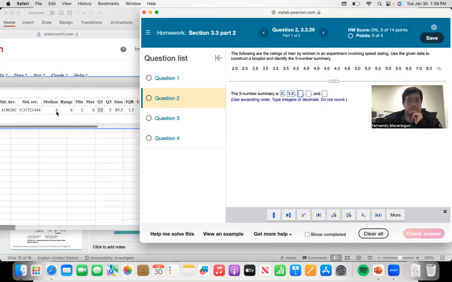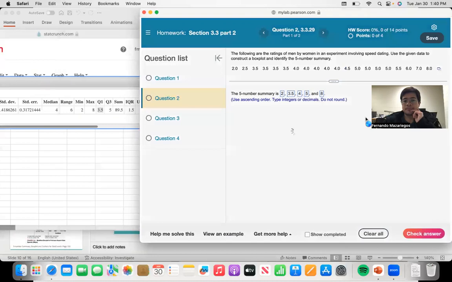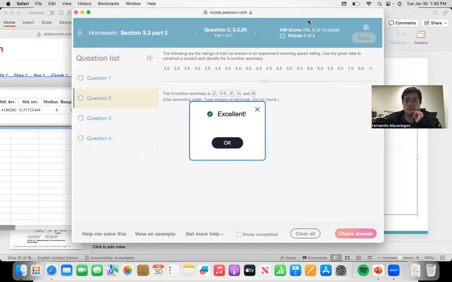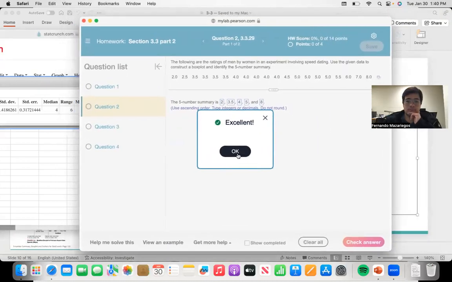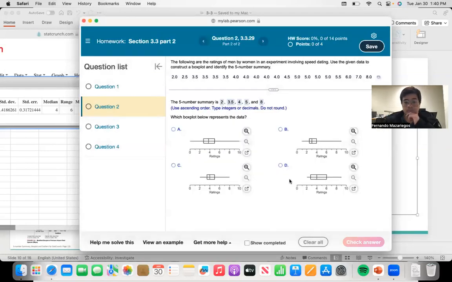Then the median, which is 4. Then the third quartile, which is 5. And finally, the maximum, which is 8. So those are the numbers for the 5-number summary.